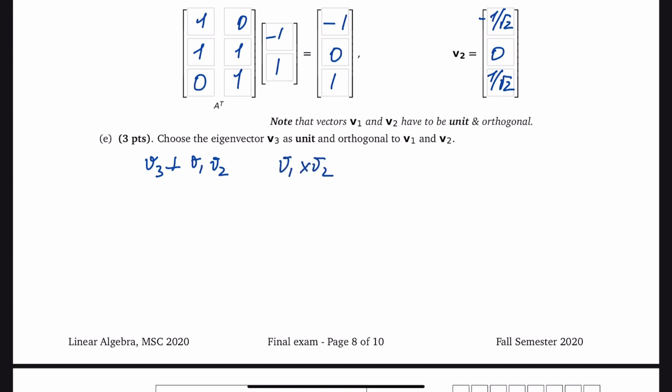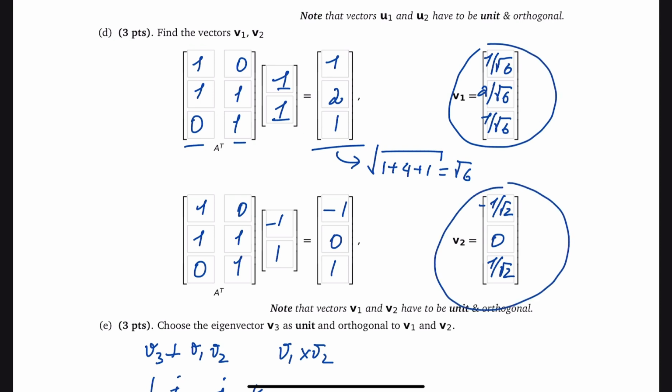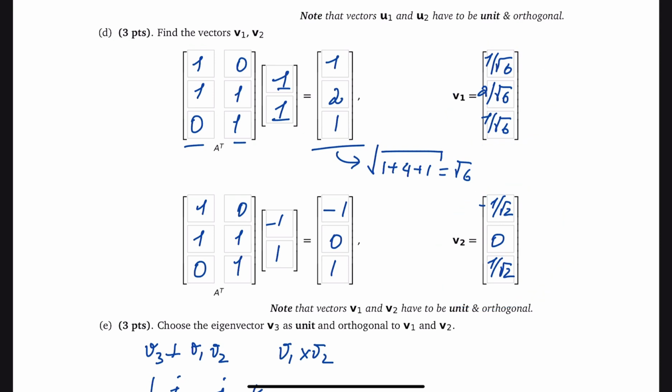Okay, so let's multiply V1 by V2 as a vector product. So I'm going to put the i, j, and k. And here, instead of using these ugly vectors V1 and V2, I'm just going to use these vectors. Because it doesn't matter, the goal now is to just get an orthogonal vector V3, then we can always normalize this, right?